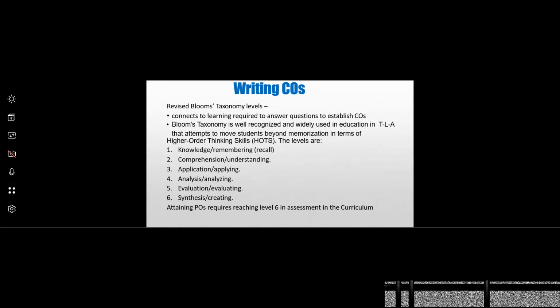Generally, for all the mid question papers, the descriptive papers, we can go for up to levels 1 to 4. We will call it Bloom's taxonomy level 1. BT level 1 is knowledge, BT level 2 is comprehension, BT level 3 is applying, BT level 4 is analyzing, BT level 5 is evaluating, and BT level 6 is creating.